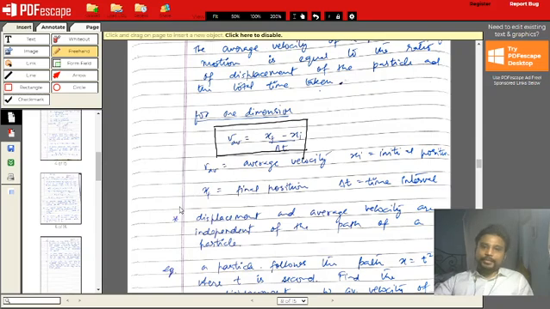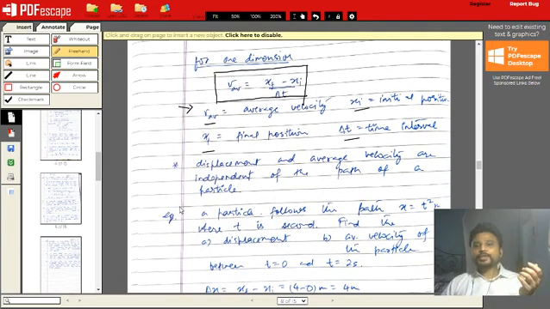So what is xf? xf is some final position, xi is some initial position, delta t is some time interval, and v av is how we denote average velocity. Displacement and average velocity are independent of the path of the particle. Again, as displacement is independent of the path of the particle, in the same way average velocity is also independent of the path of a particle.